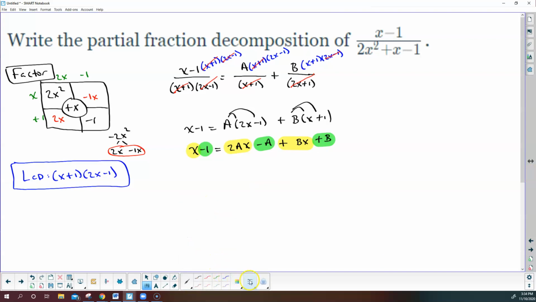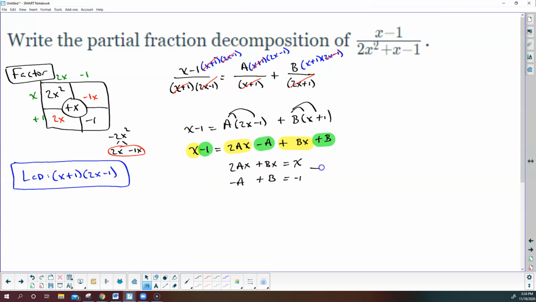So we're going to write our two separate expressions. I like to start with 2ax plus bx, and that has to equal the original x. And then if we do that with the minus a and the plus b, that's going to equal -1.